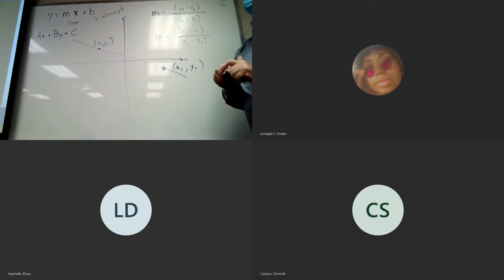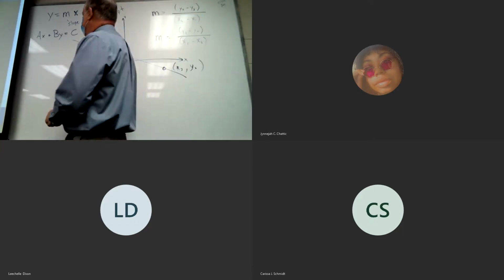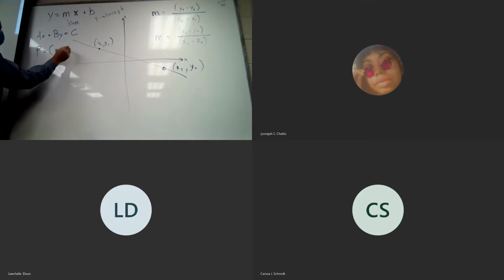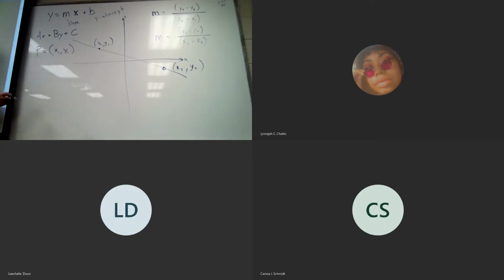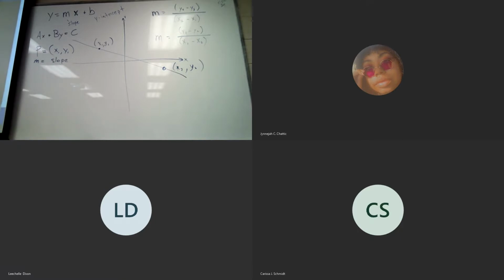There's another format called the point slope format, that if I have a point, I'll call it P, some point x1, y1, and I have a slope m. The point slope format is, well, we'll derive it.